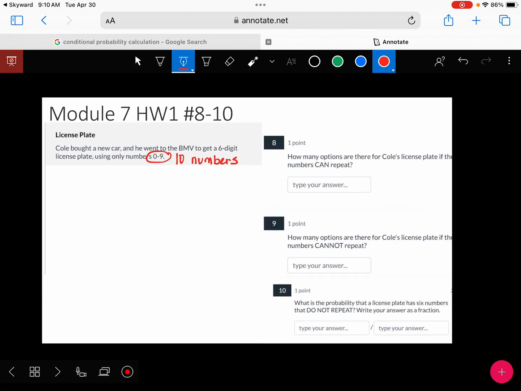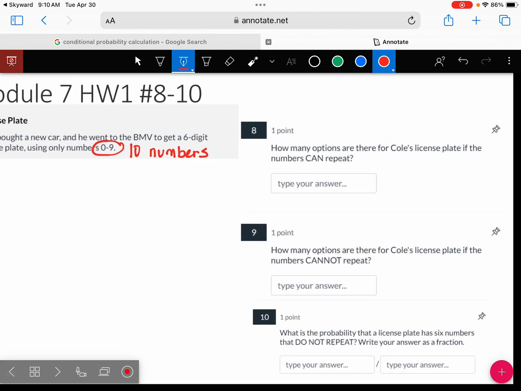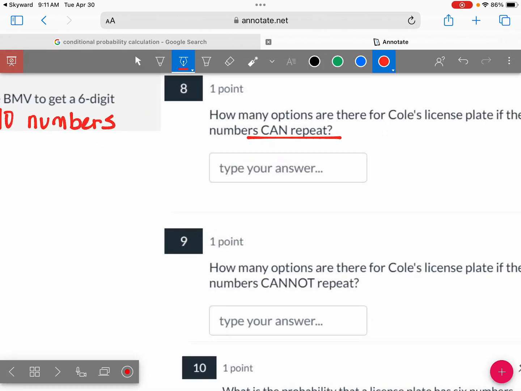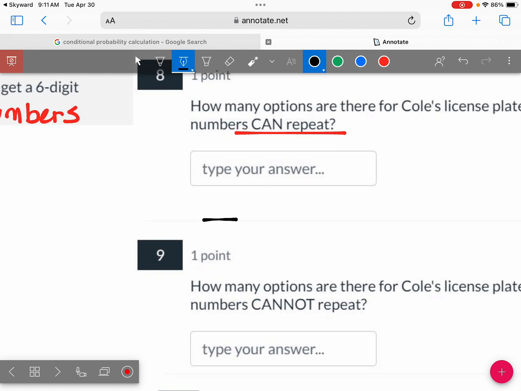For question number 8, it says, how many options are there for Cole's license plate if the numbers can repeat? That means I can reuse these same 10 numbers over and over again. How many digits are in his license plate? 6. So I would have 6 blanks. And for every digit, I have 10 choices.